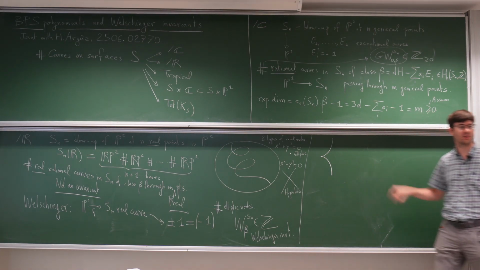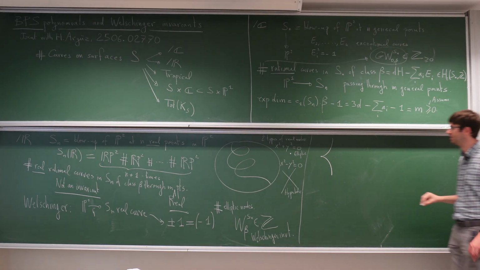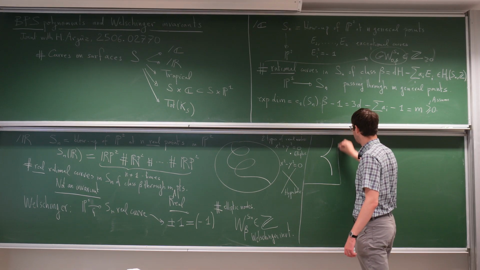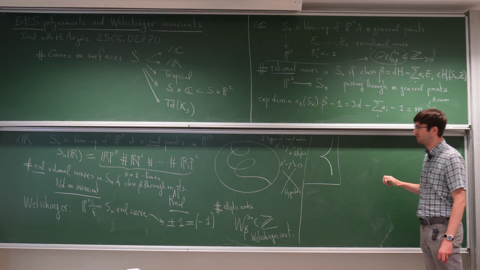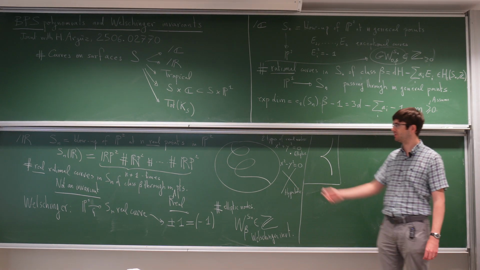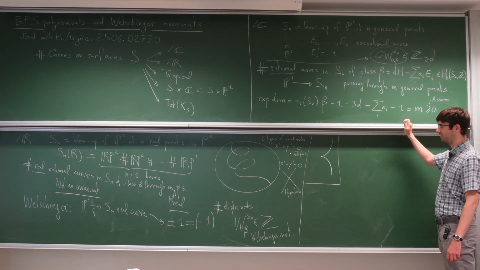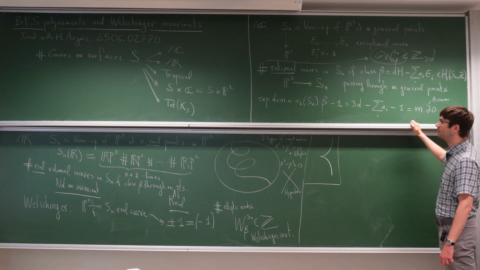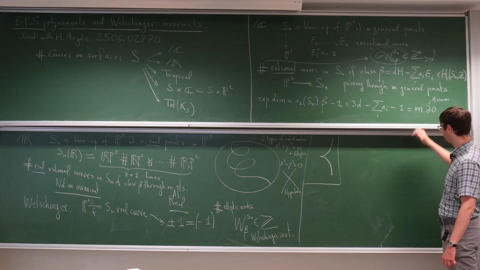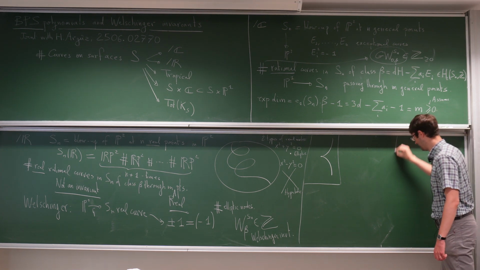So this is the local model. It would be much better to have a more conceptual proof of invariance, but I don't think that's really the case.